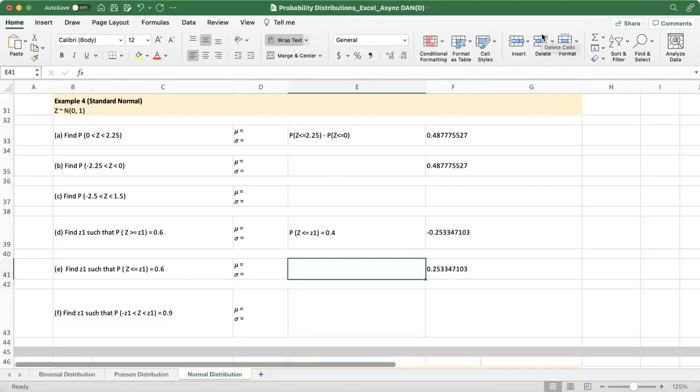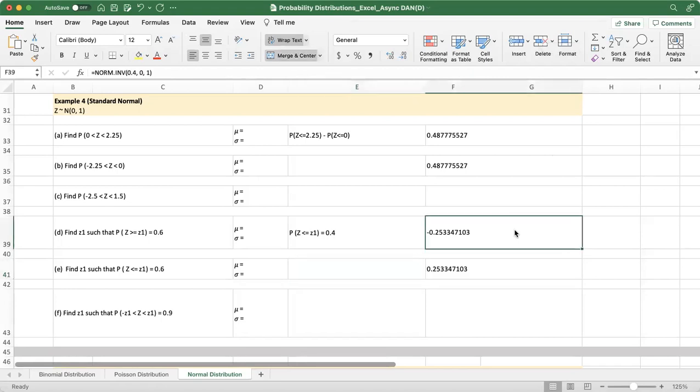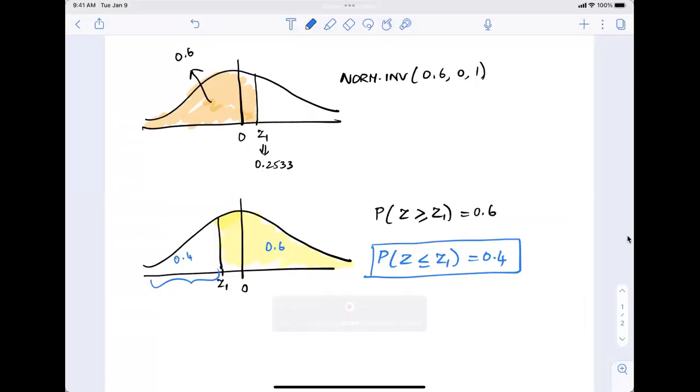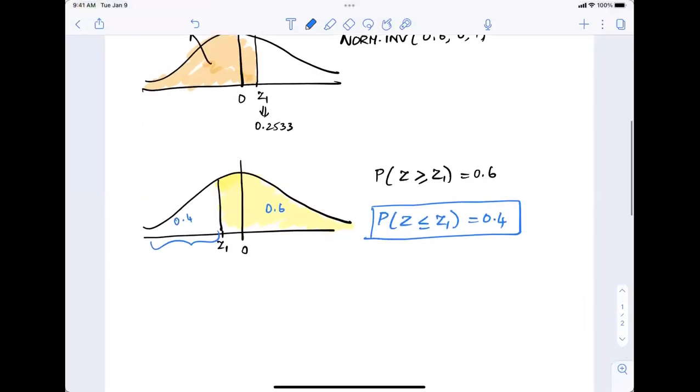And you see how this value is minus 0.2533. And you see how this looks pretty similar to the previous answer. Now let's visualize that once more. So the answer here is that this Z1 is minus 0.2533.